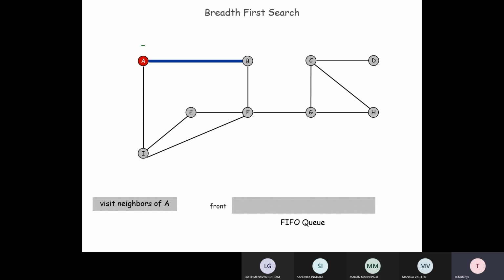Next we'll follow the path from A to B. See how the search will work for the breadth search mechanism.